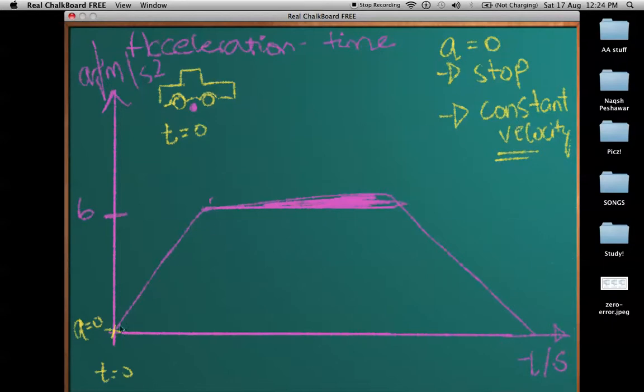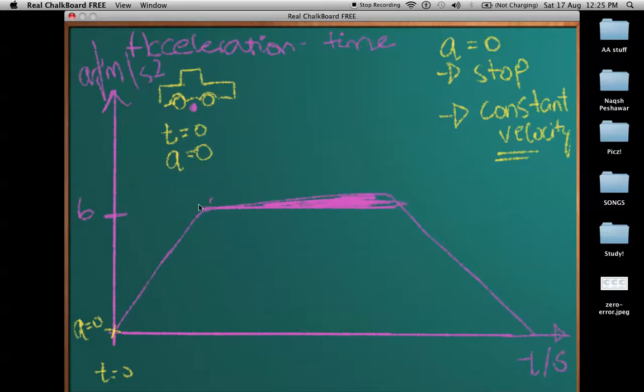So I can tell that here initially the acceleration is 0. It might be at rest or at constant velocity. I don't know. I would just say the acceleration is 0 here. So never assume that the velocity is 0, because it can be at a constant velocity as well, and the acceleration would still be 0.